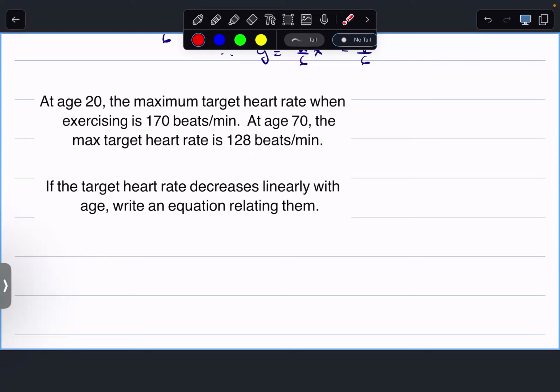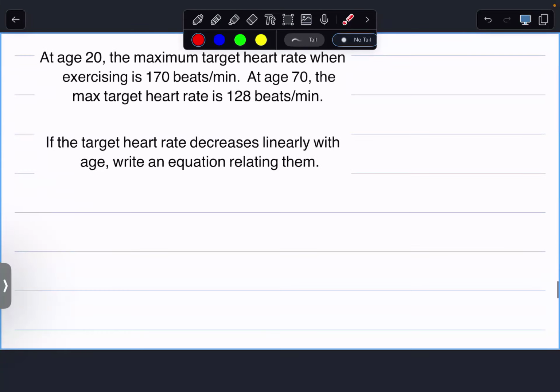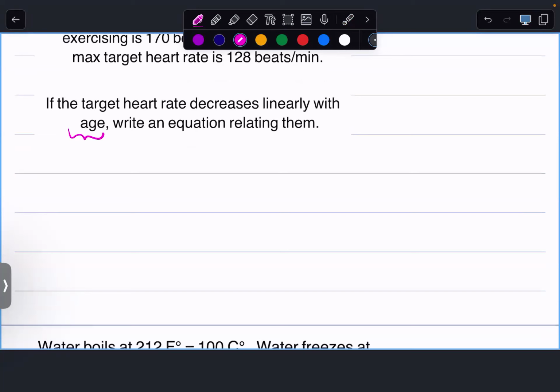Because it's decreasing with age. And so as you change age, right? Therefore, X is age.